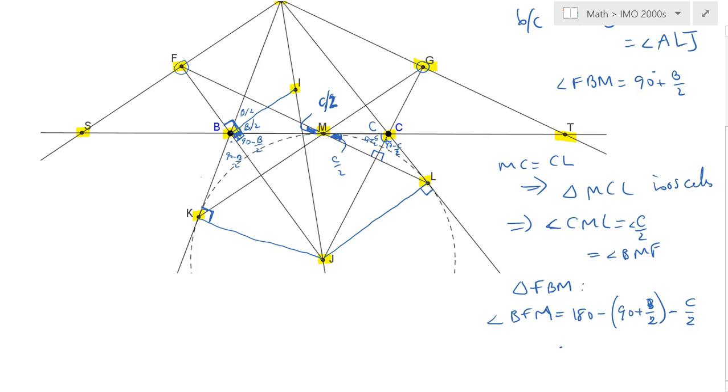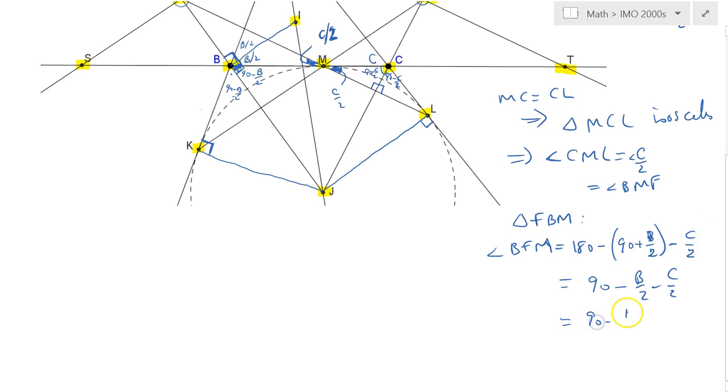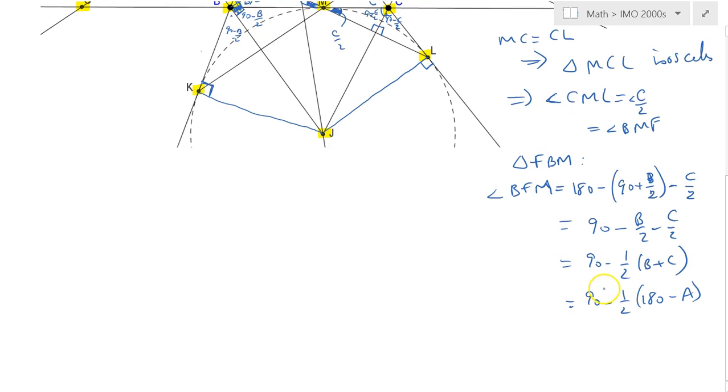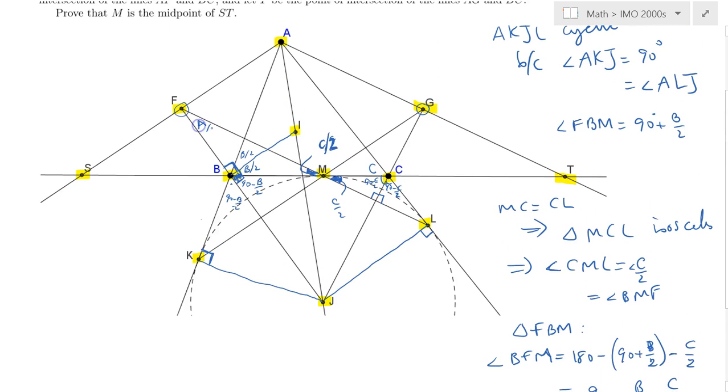Finally, this gives us 180 minus 90, which is 90 minus B over 2 minus C over 2. If we group them together, that's 90 minus half of B plus C, and we can replace B plus C with 180 minus A. The 90 and the 180 over 2 will cancel out, so we will have A over 2. Boom, that's really nice. So this angle is A over 2, but notice that this angle is also A over 2.